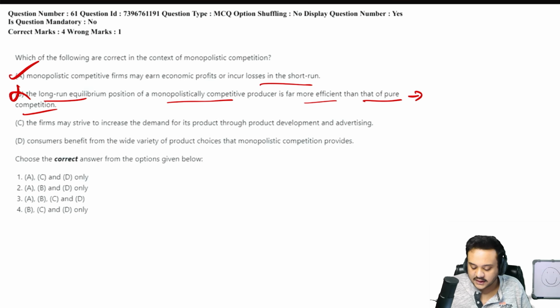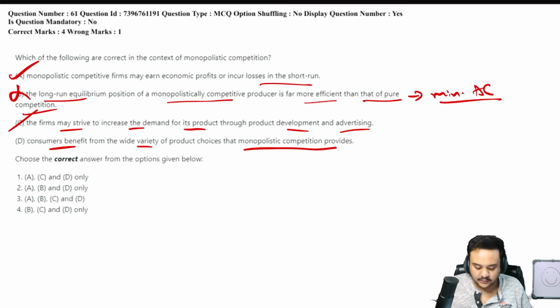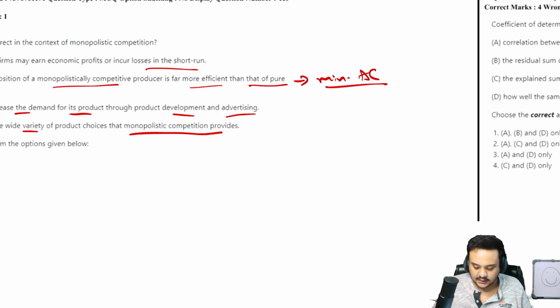Because it will never reach the minimum of AC, right? If you remember the graph, the equilibrium is not at minimum of AC even in long run. Okay, so the firms may strive to increase demand for its product through product development. Absolutely. Then consumers benefit from wide variety of product choices that monopolistic competition provides. Correct. A, C, and D. Then let us move on.